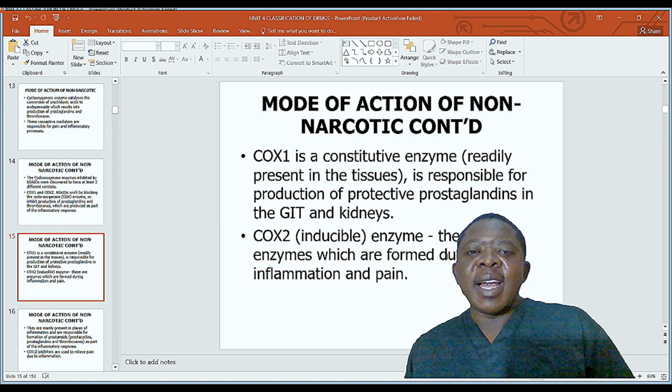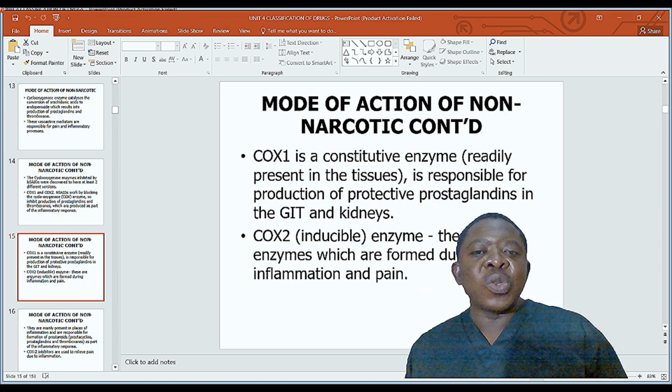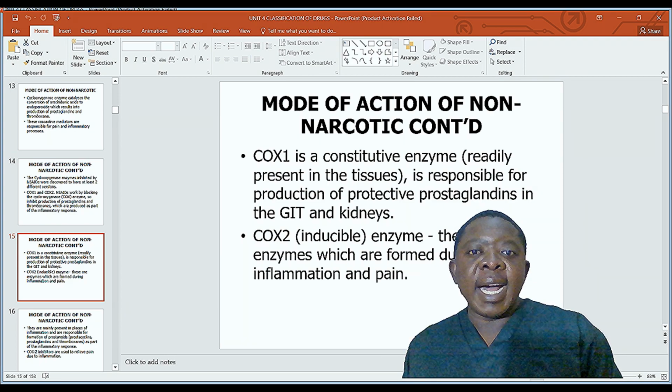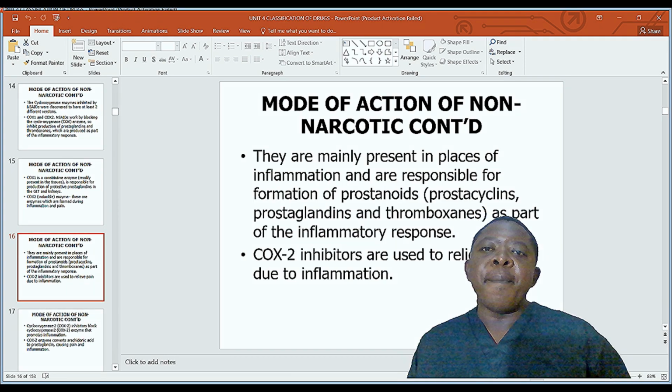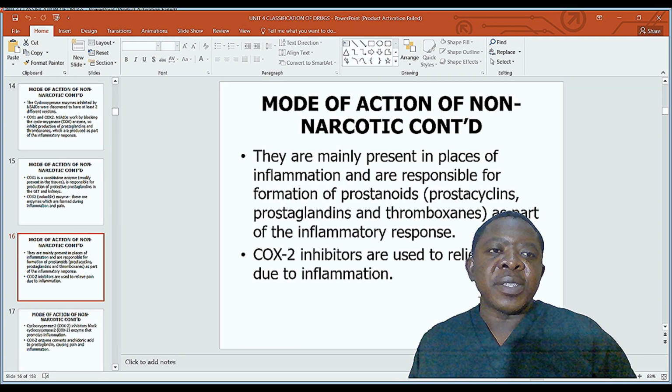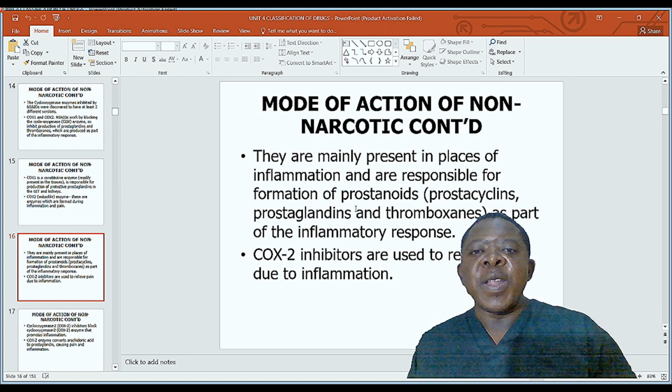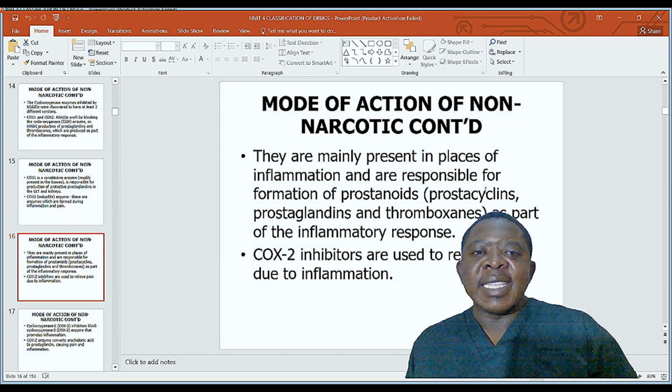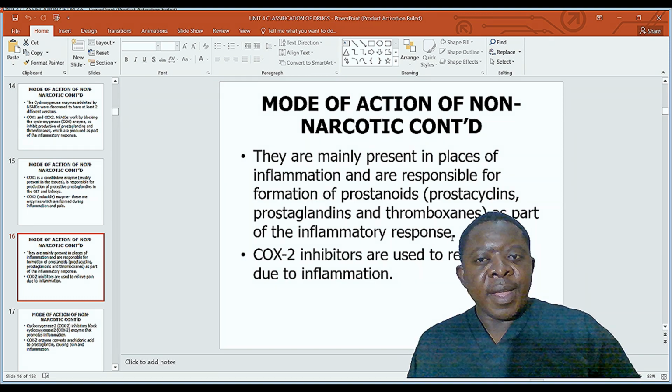These enzymes are formed during inflammation and pain. They are mainly present in the process of inflammation and are responsible for formation of prostanoids or prostacyclins, prostaglandins, and thromboxanes as part of the inflammatory response.